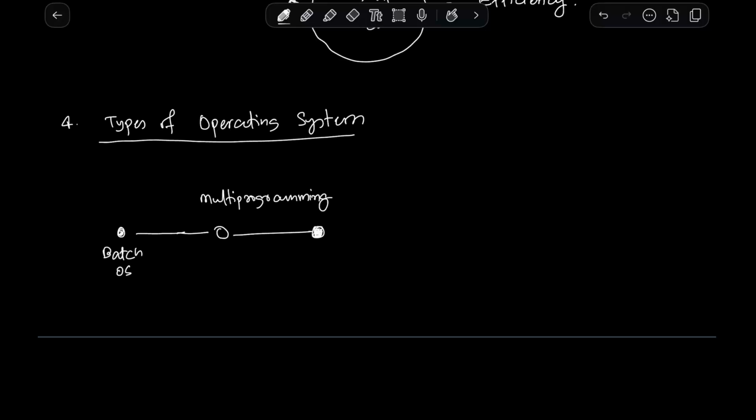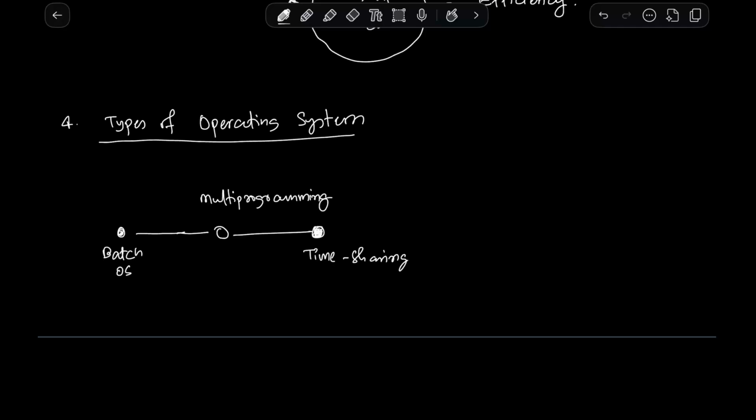Now the third one is time sharing OS. These are interactive terminals for multiple users. Imagine a chess grandmaster playing 50 people at once, moving rapidly from one table to another.